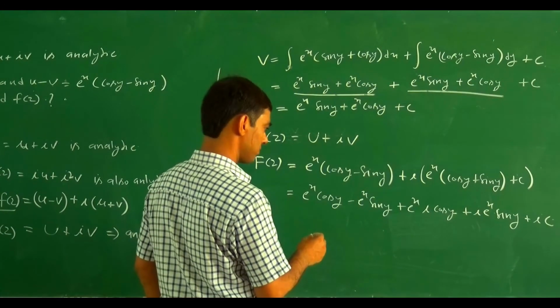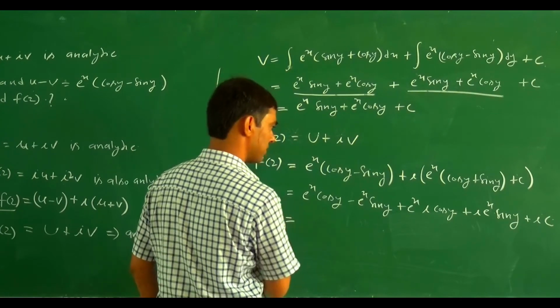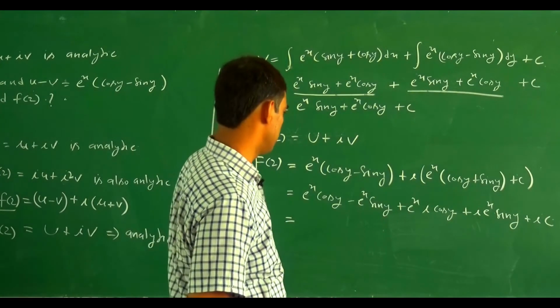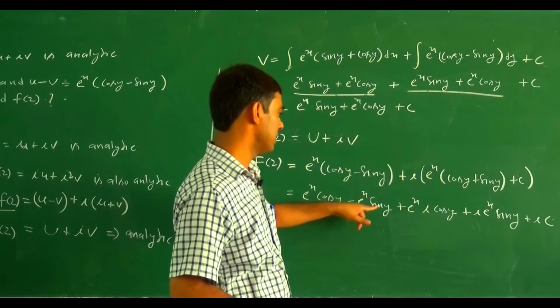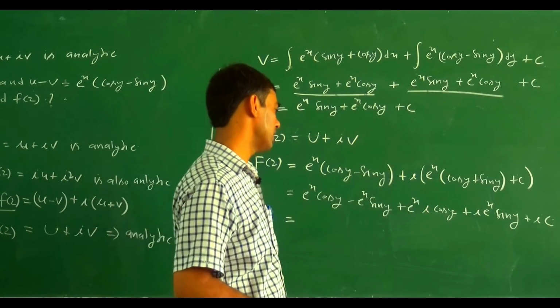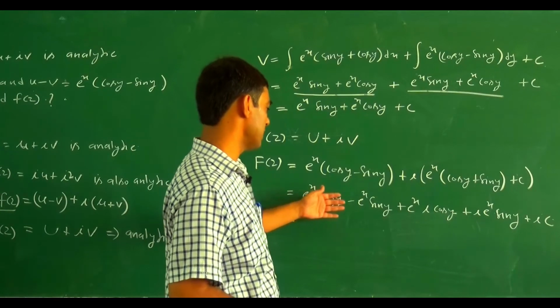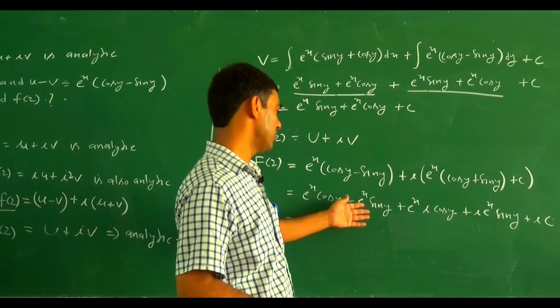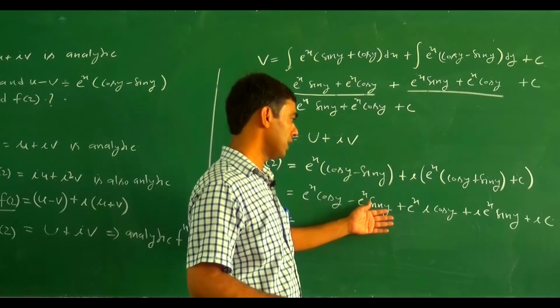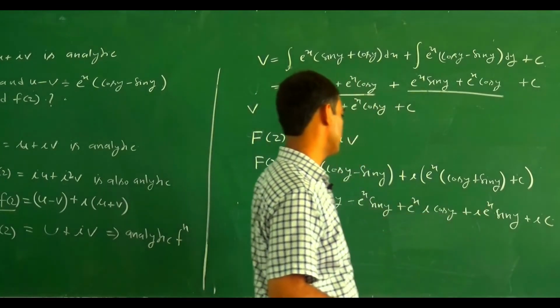If we closely observe, e^x cos y and i e^x cos y: cos y outside, then i e^x, and e^x sin y plus i sin y.